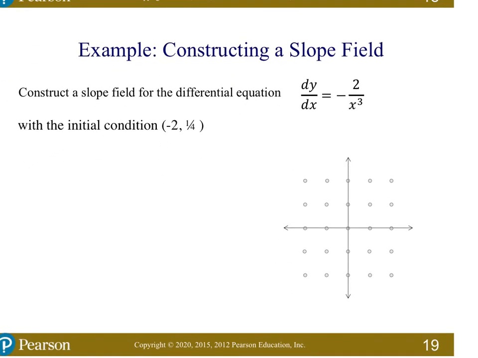So here we're given the initial condition (-2, 1/4). Well, let's construct our slope field first. We run into a problem right away because x can't be 0. If we try to use x as 0, we're going to have an undefined slope. So that means I have a vertical asymptote going right down the y-axis. When x is 1, all of the slopes are -2.